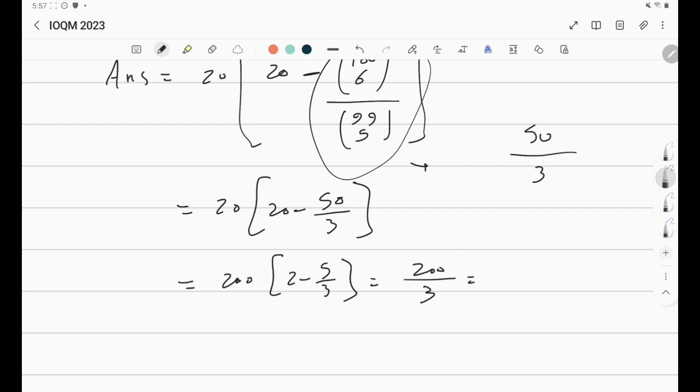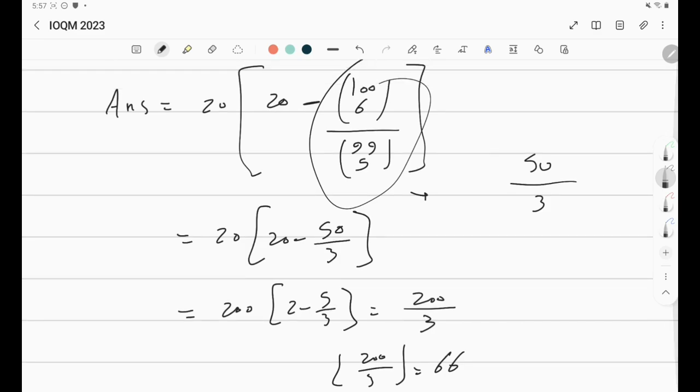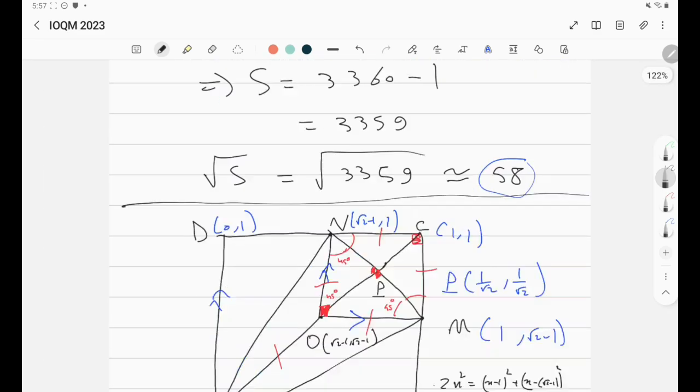So now what's the answer for that? Remember, the question asked to find the largest integer less than or equal to d. So basically the floor of this is simply 66, and that's it. This is our answer. So 66 is the answer.